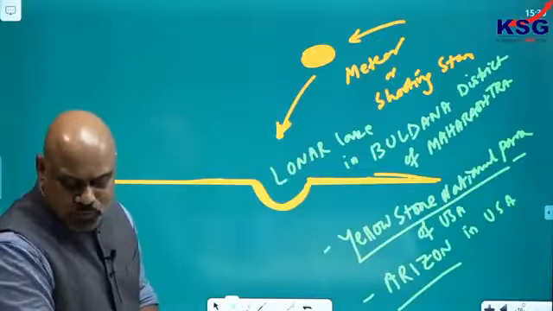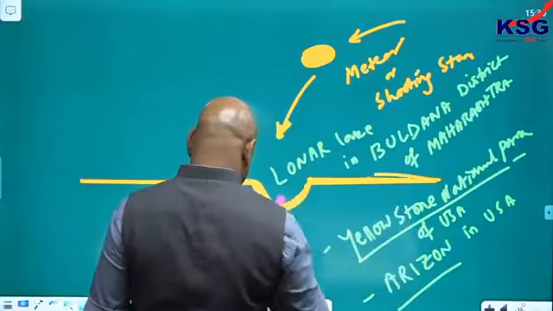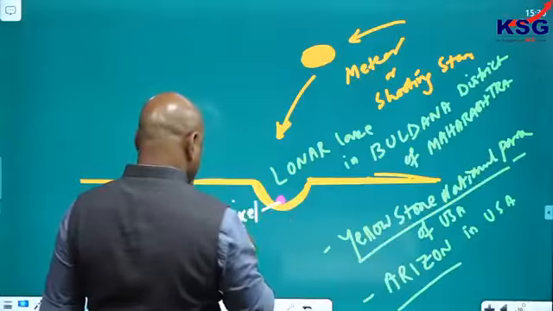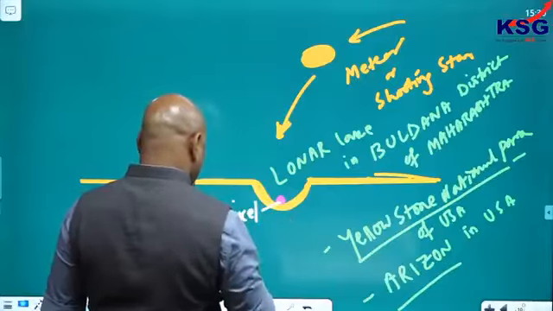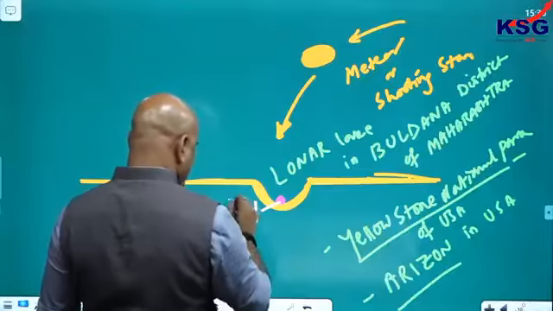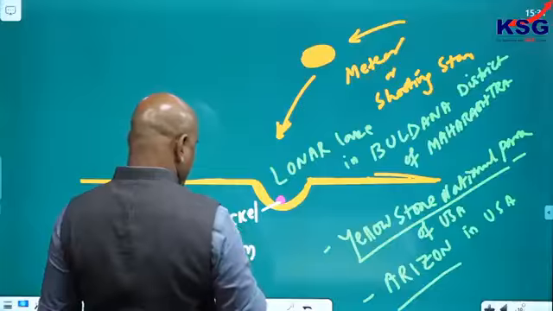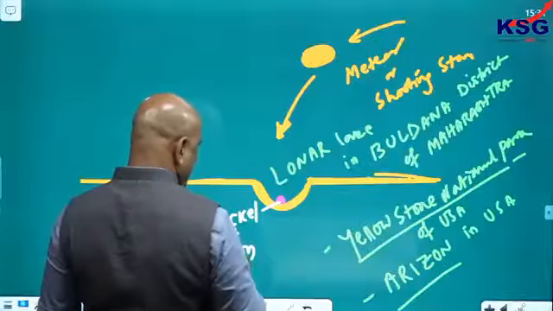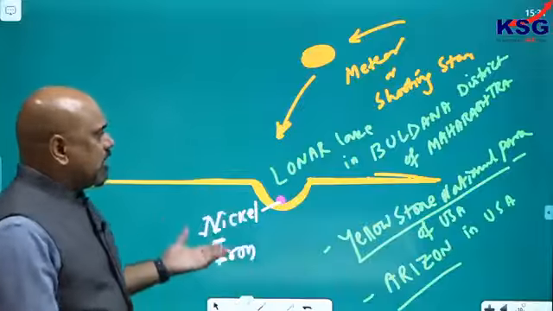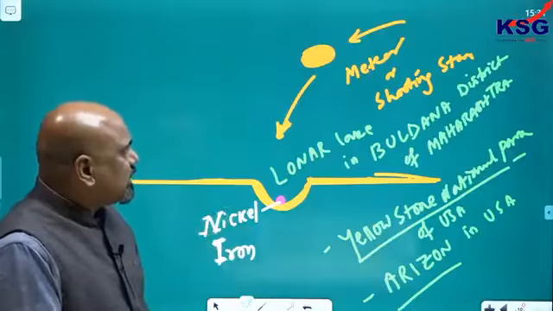Then we found that these meteors, the remains whatever are there, are generally rich in nickel plus iron. They are rich in nickel and iron.